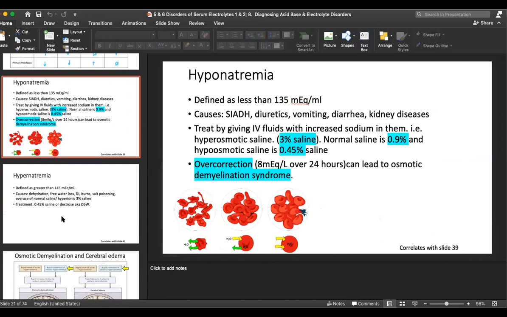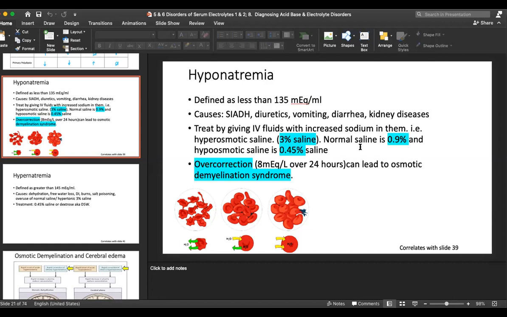So now let's get into the electrolytes. We have hyponatremia, which means low sodium, defined as less than 135. Don't worry, you're always going to be given ranges. This is caused by SIADH, diuretics, vomiting, diarrhea, or kidney disease.